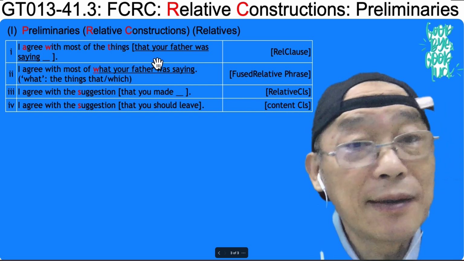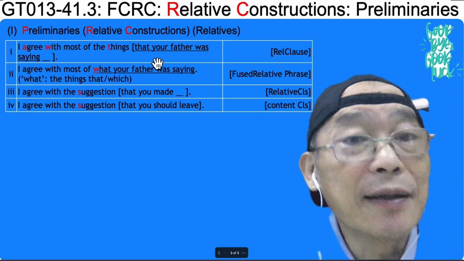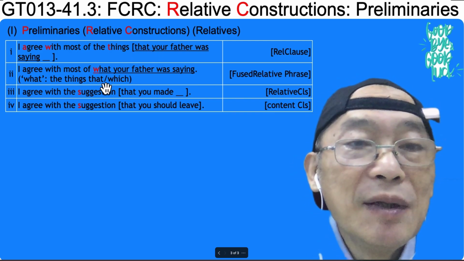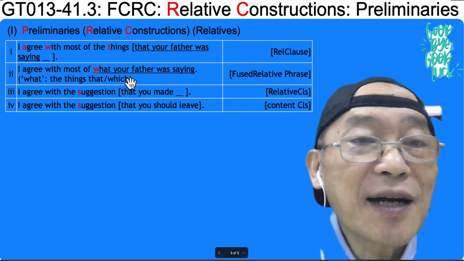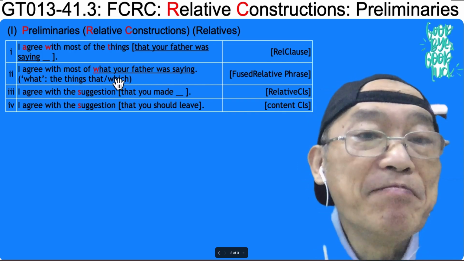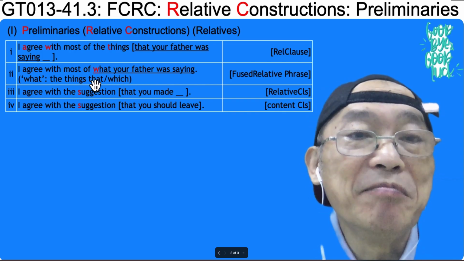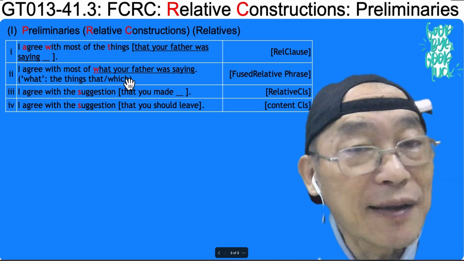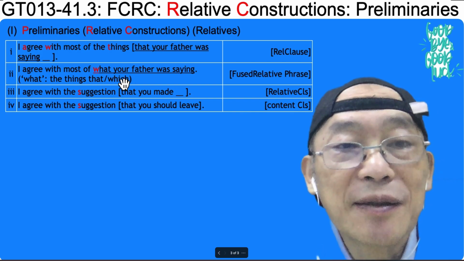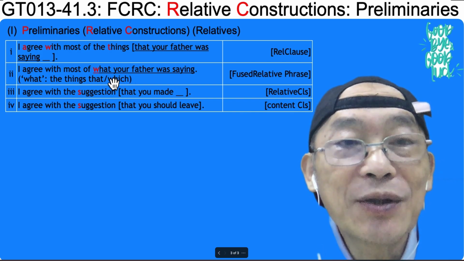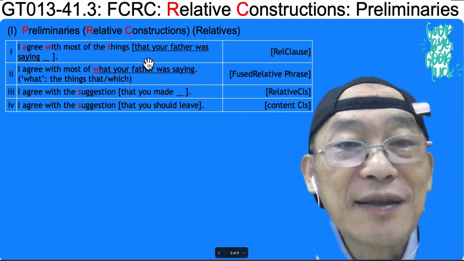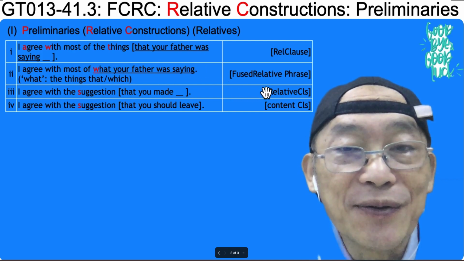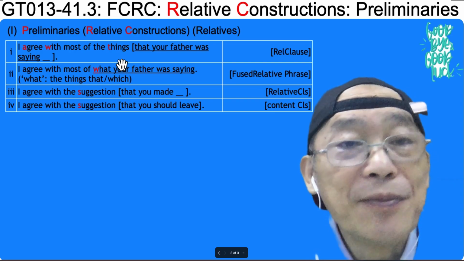In "agree with most of," this is the complement of the preposition. This complement is a noun phrase, because what is equal to things that your father was saying. So we call it a fused relative.